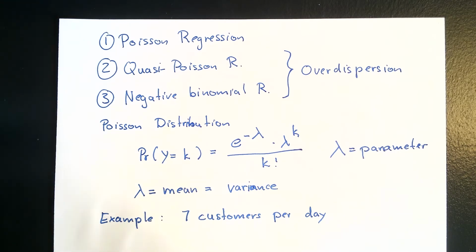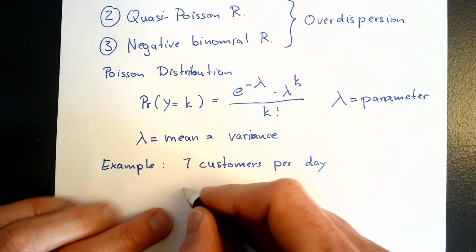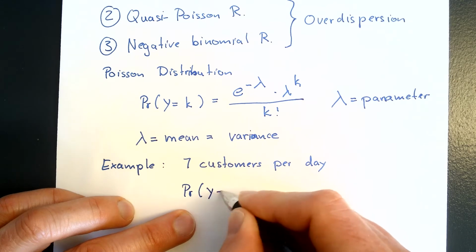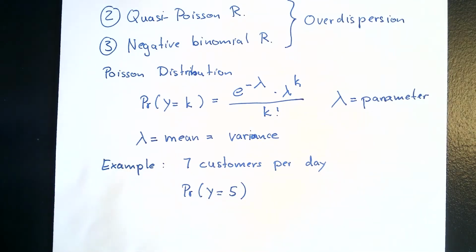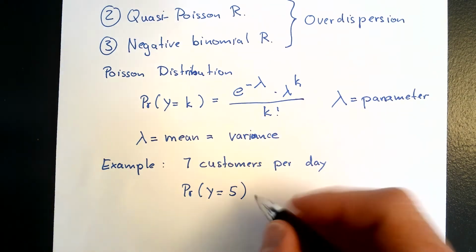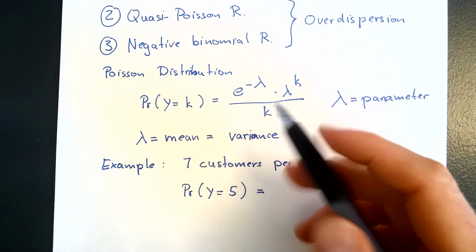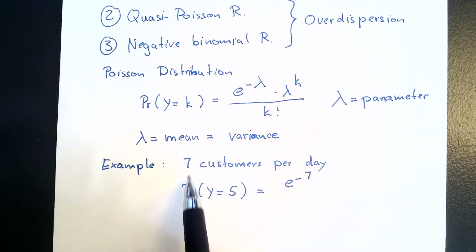Now, if you are interested in the probability to have exactly 5 customers in your store, or that 5 customers visit you on a given day in the store, then you would calculate the probability as follows. You take Euler's number to the power of -7, right?